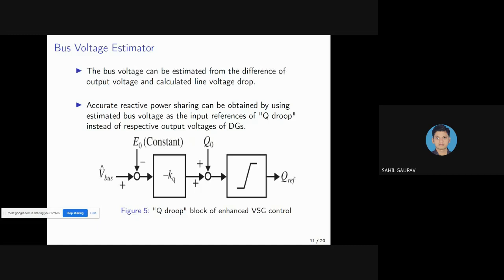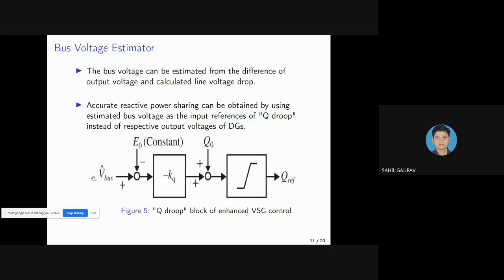Accurate reactive power sharing can be obtained by using the estimated bus voltage as the input reference of the Q droop instead of the respective output voltage of the distributed generator. So this is the Q droop block of the enhanced VSG control. In the basic VSG control, we just feed the output voltage of the inverter here, instead of the estimated bus voltage V bus cap.